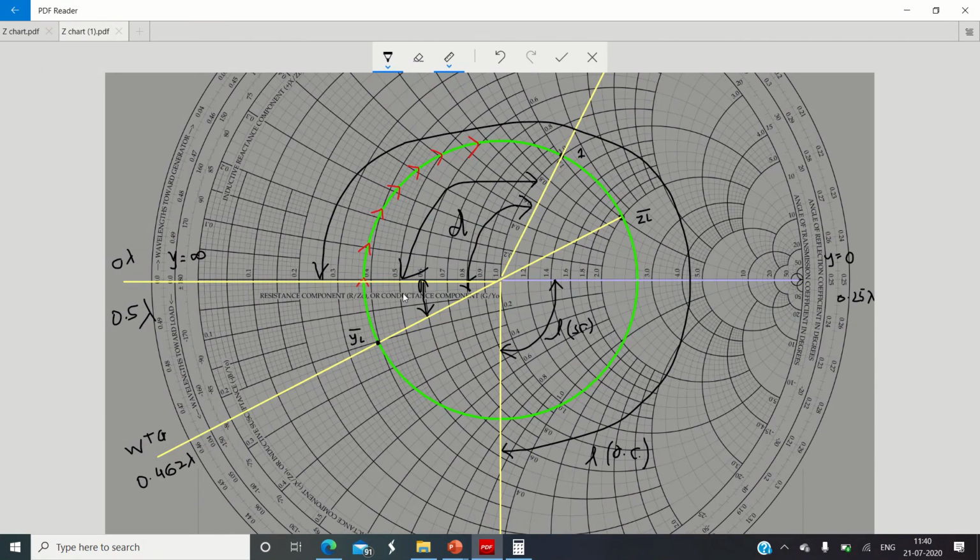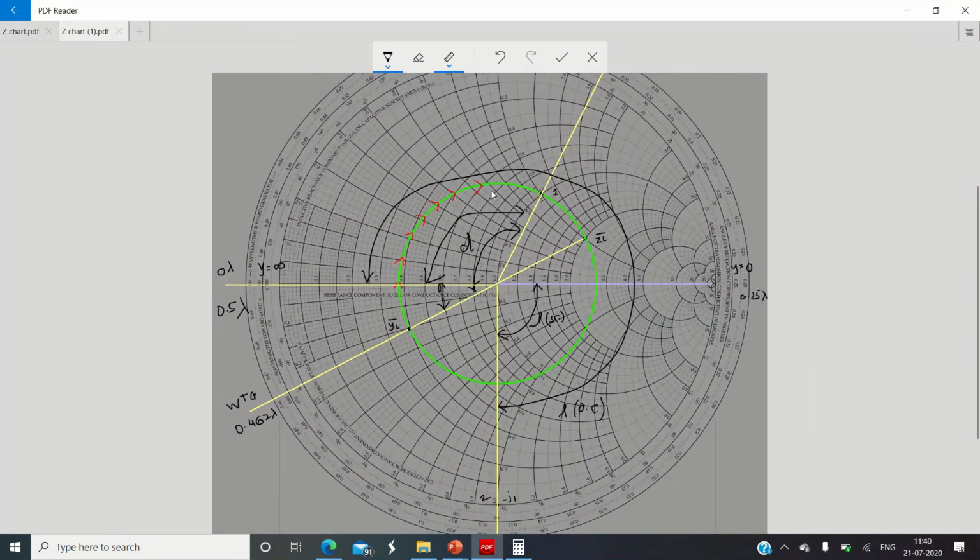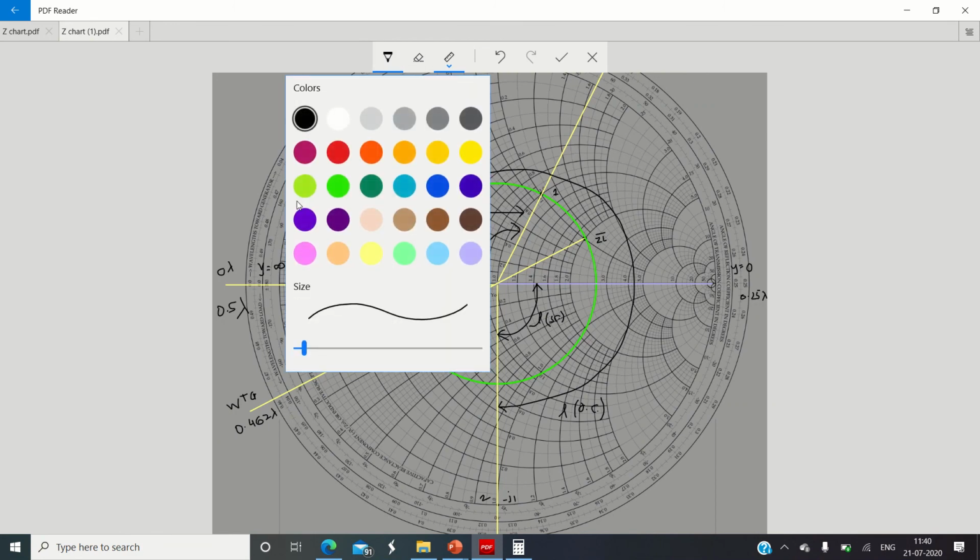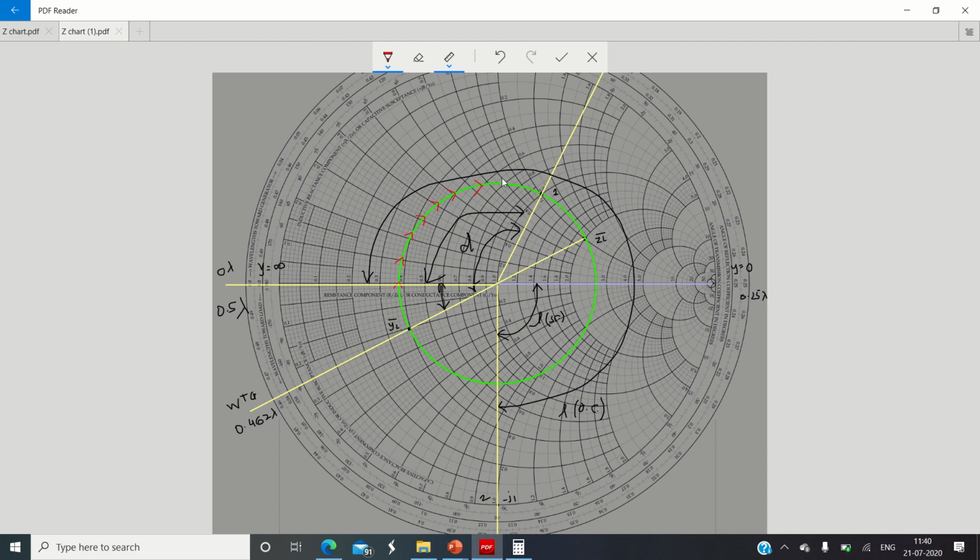I hope you understood how to design. When we insert the stub of appropriate length, this particular path will get traveled in this way, and ultimately it will come to the center of the Smith chart, and we will get a matching. So the red arrows are indicating how the matching is accomplished, right?